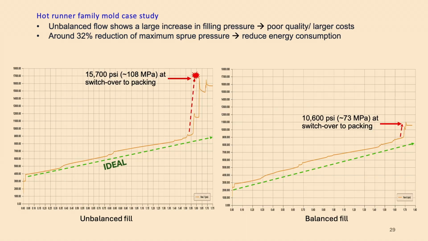Yeah, and coming back to the sprue pressure curve, you can see that with the original unbalanced filling, there's a large increase because of a lot of pressure spikes, pressure jumps. The maximum pressure was 108 megapascal, and after we reached the balanced flow, the maximum pressure dropped down to 73 megapascal.